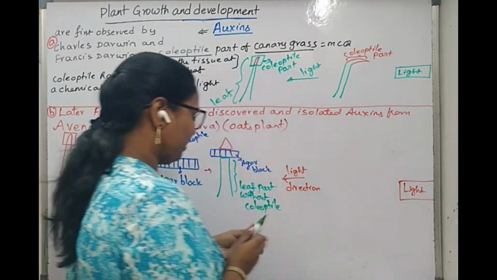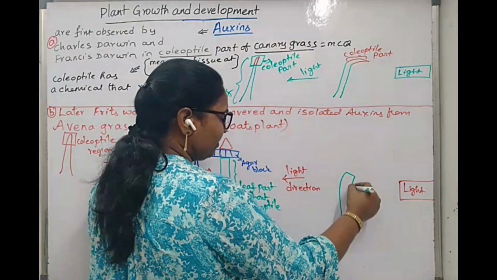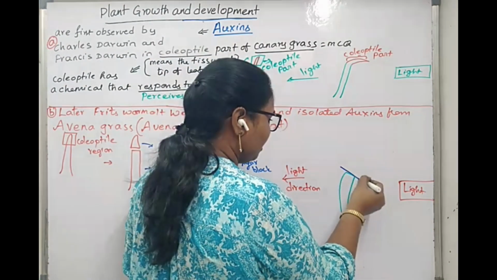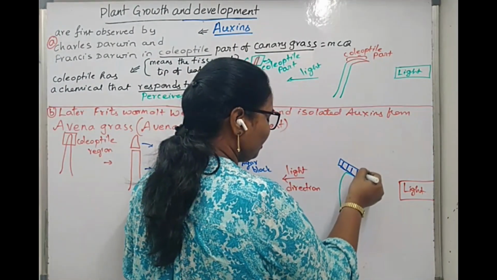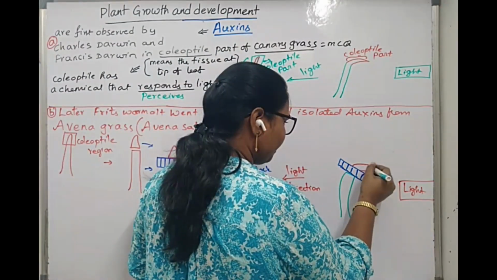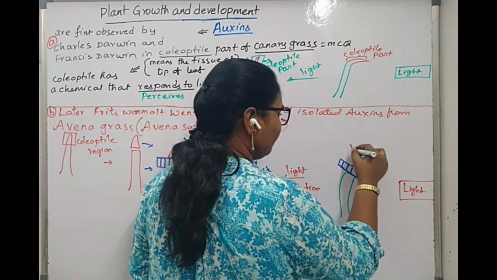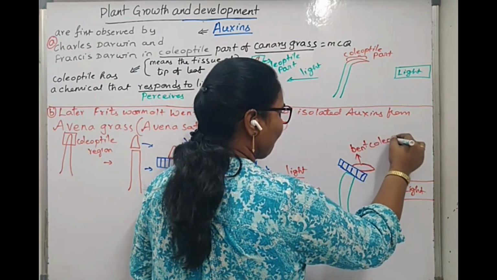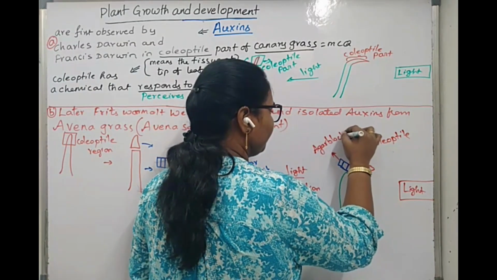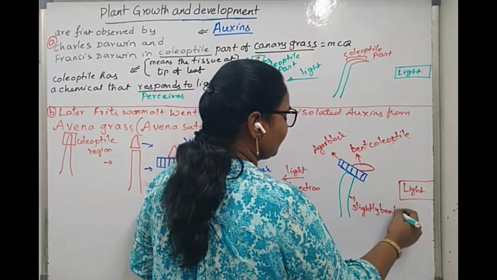Now, we are drawing this leaf a little bit bent, because it was fixed with the agar block which is kept with the coleoptile region. So this will be the bent coleoptile, this will be the agar block, and this is the slightly bent leaf.